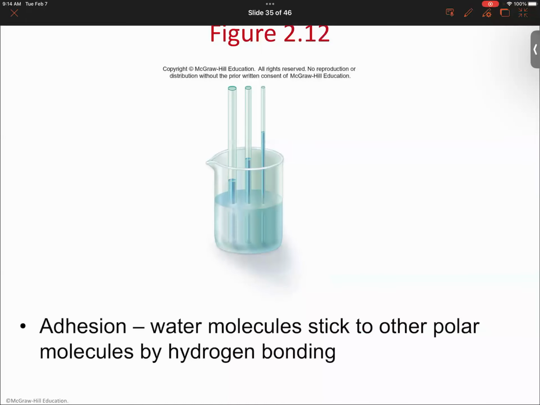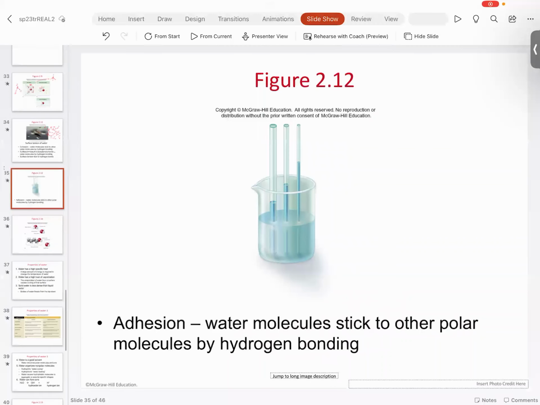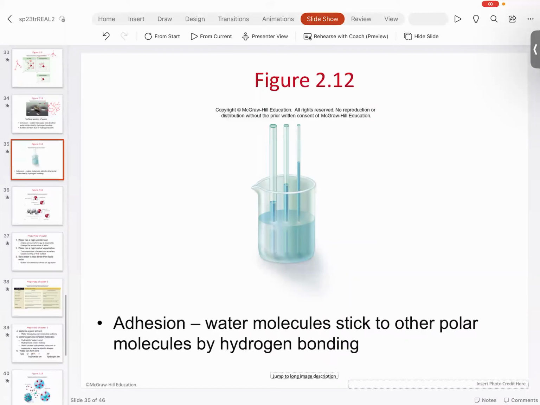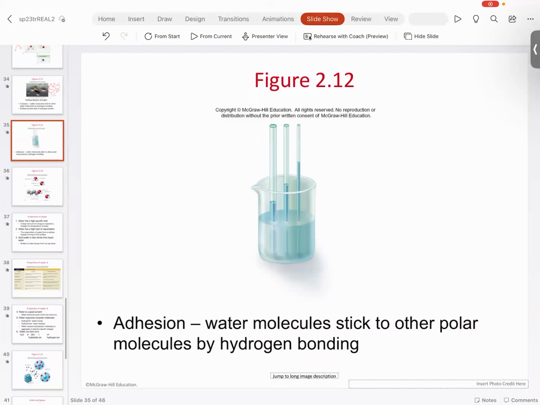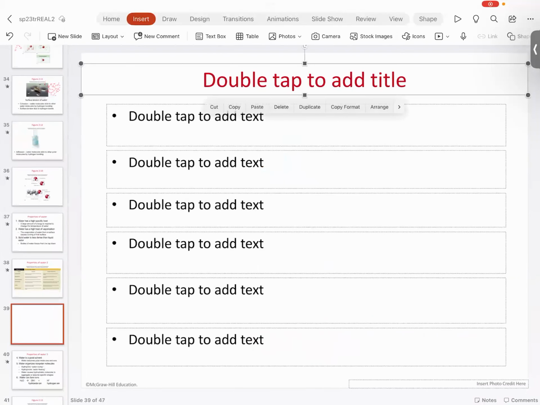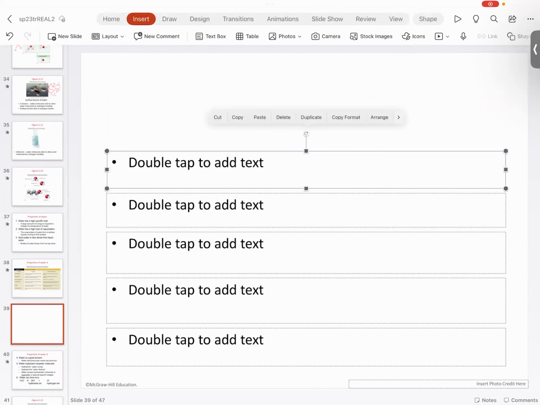There's something I want to do because I didn't add it yet. I'm going to drop it maybe right about there. I'm just going to add a slide. I like to make extra notes, and there's not enough room on the PowerPoints to do that.